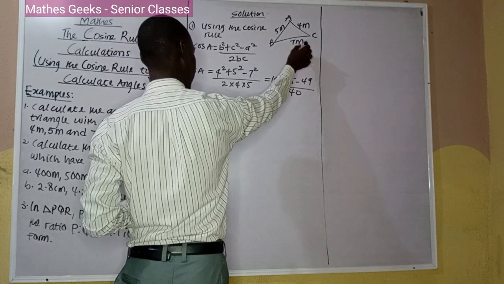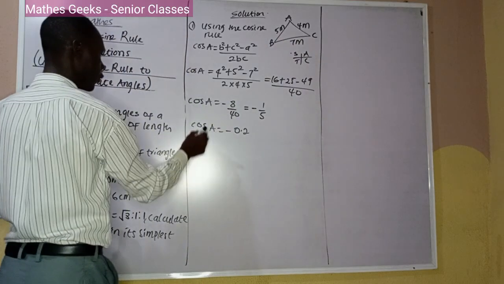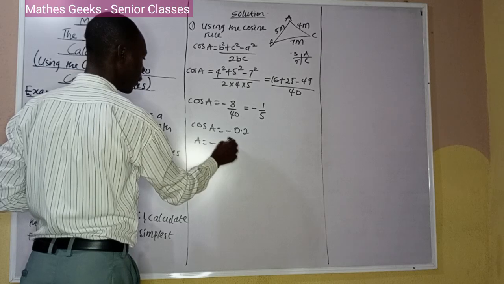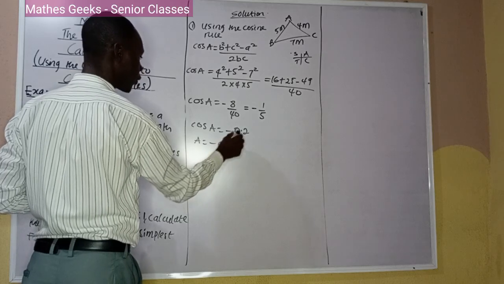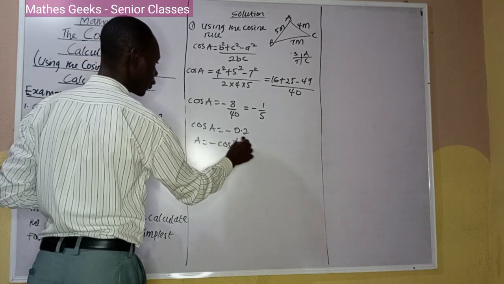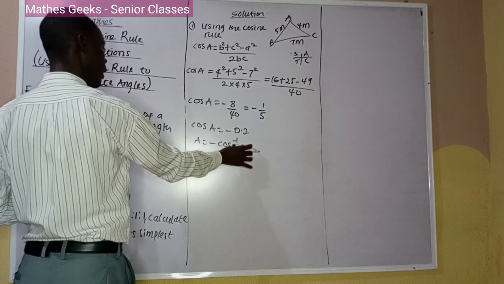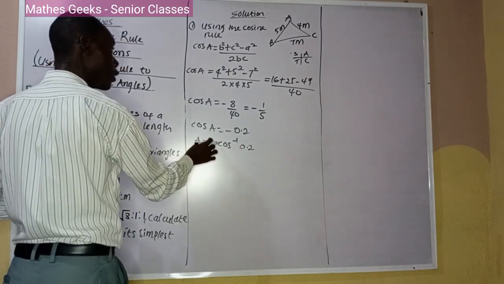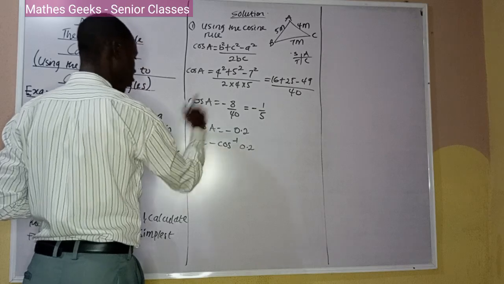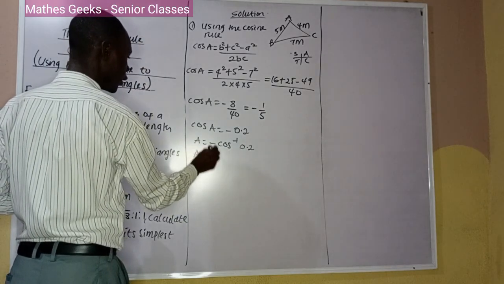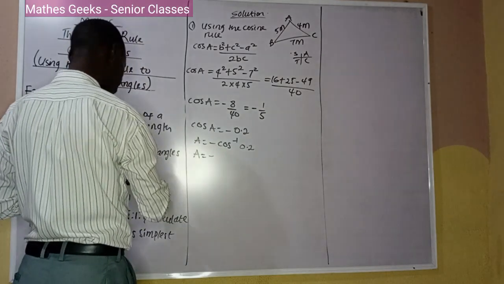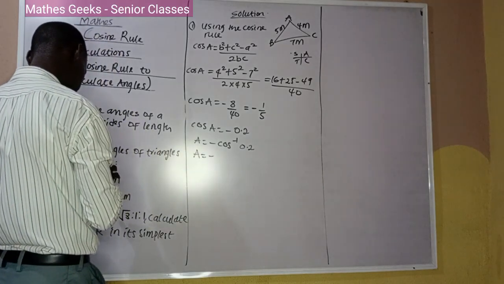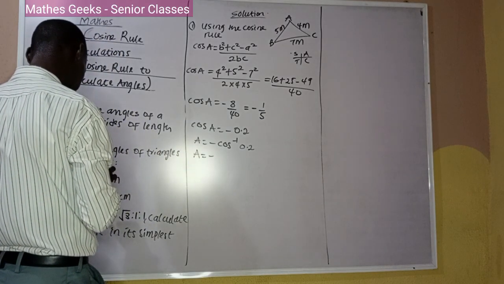So A equals minus arc cos 0.2. We get the cosine of the acute angle first, then we get the value of it in the second quadrant.